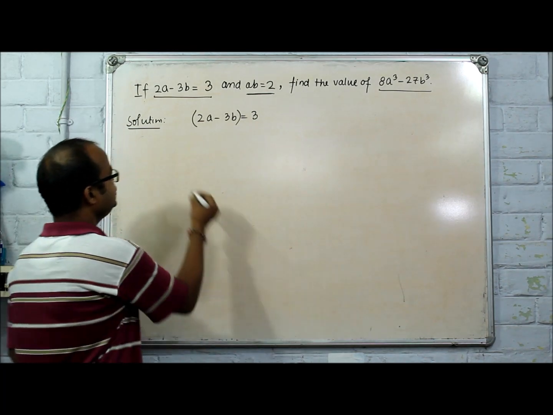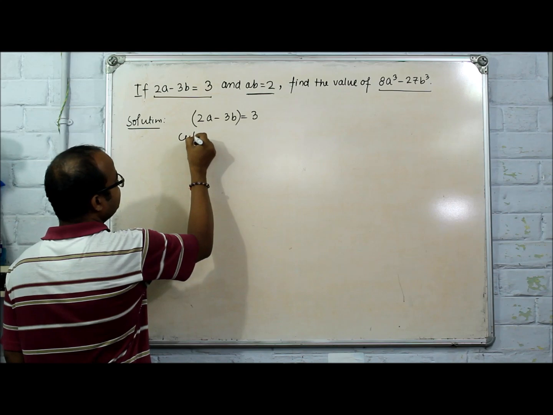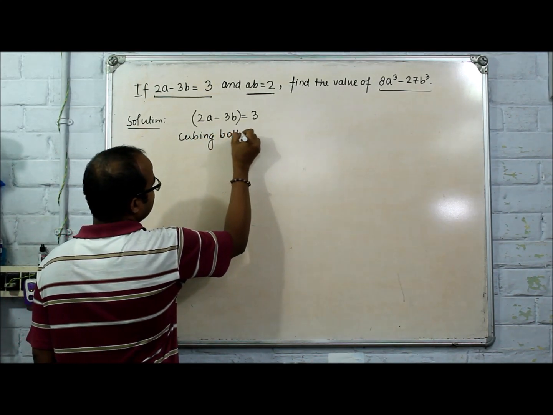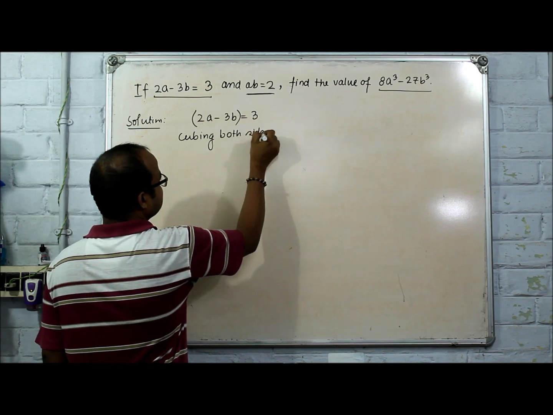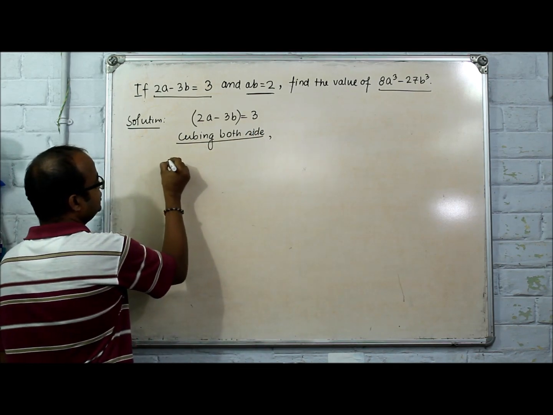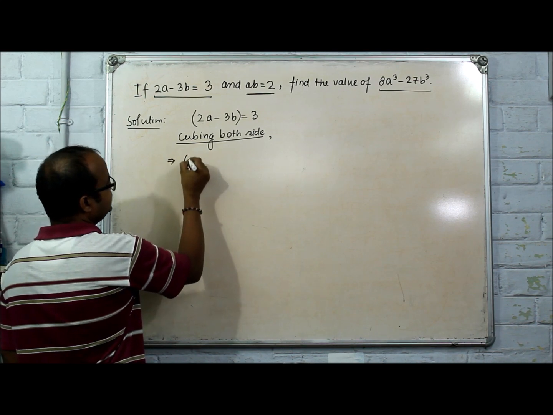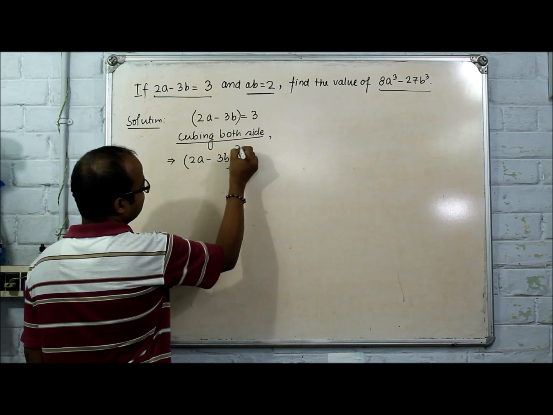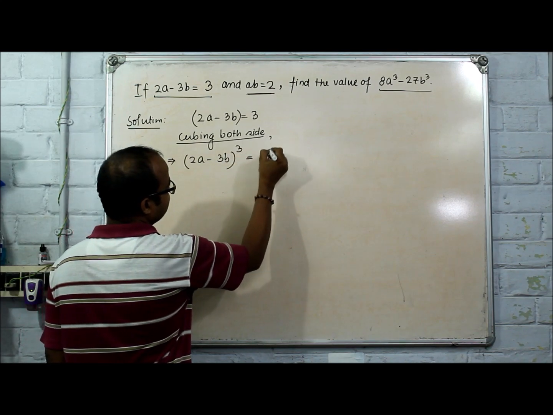That means you need to cube both sides. Cubing both sides, you will get 2a minus 3b to the power 3 is equal to 3 to the power 3.